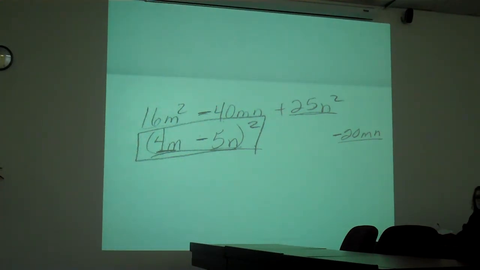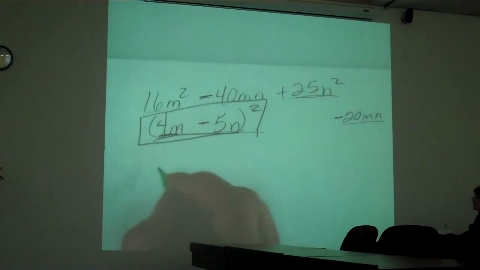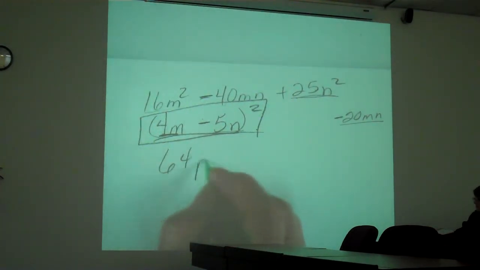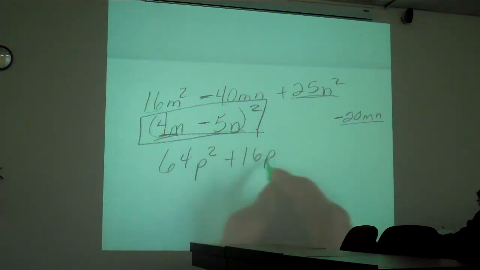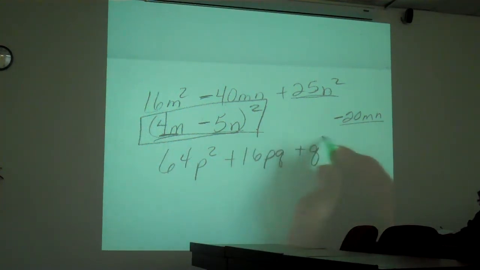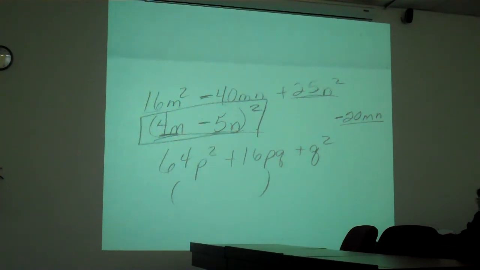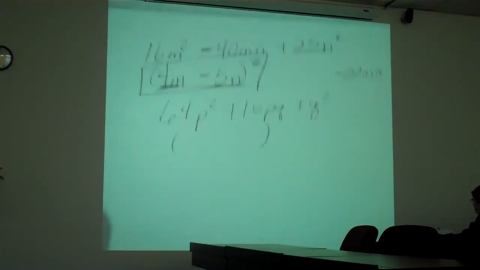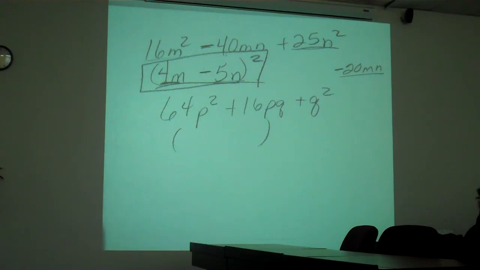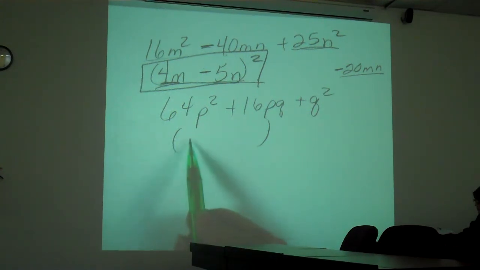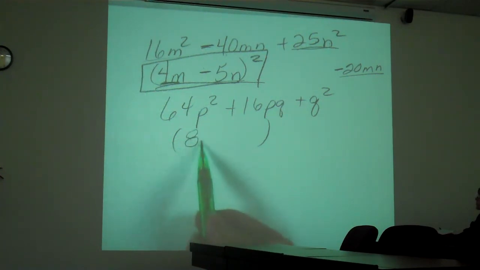I'm going to give you guys one. See if you get it, and if you do, we'll go on. 64p squared minus 16p cubed plus q squared. What's the first term? 8p.